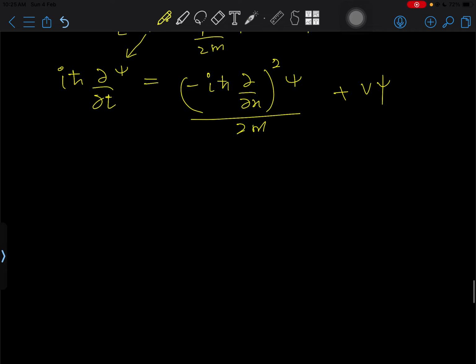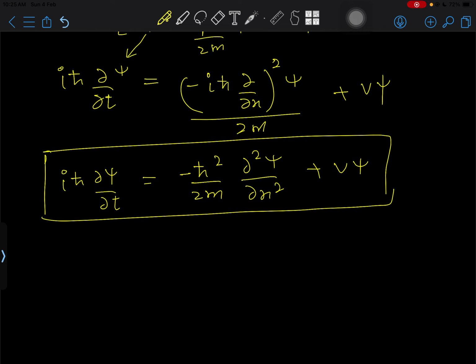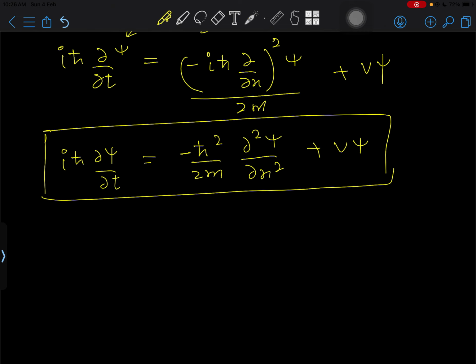Now on rearranging, we will get i h cut del psi over del t is equal to minus h cut square upon 2m del square psi over del x square plus V psi. So this is the equation which is known as the Schrodinger wave equation.